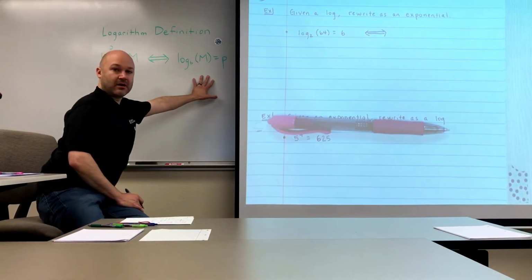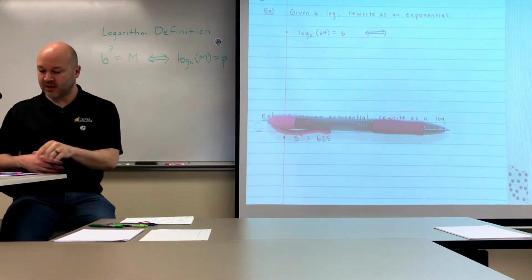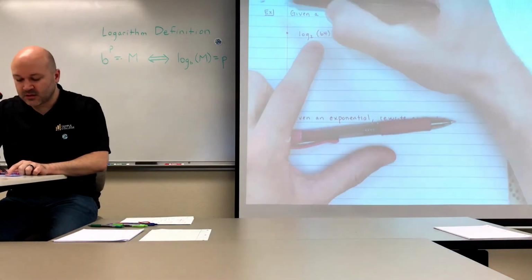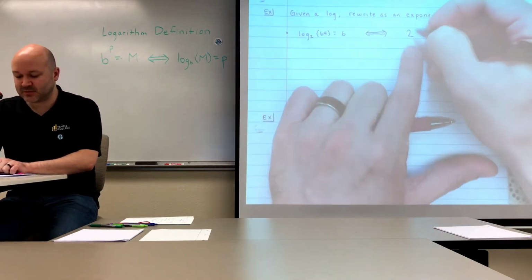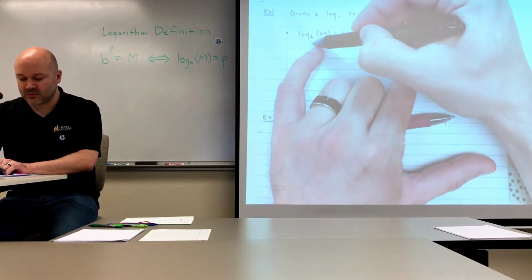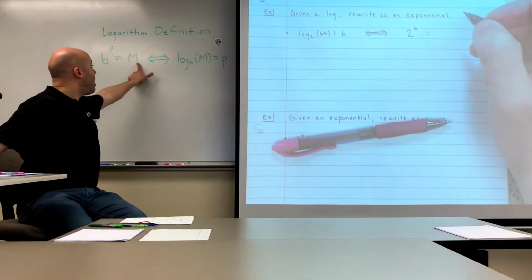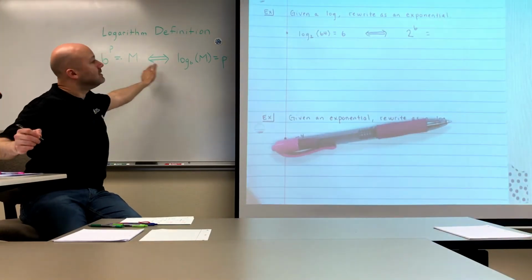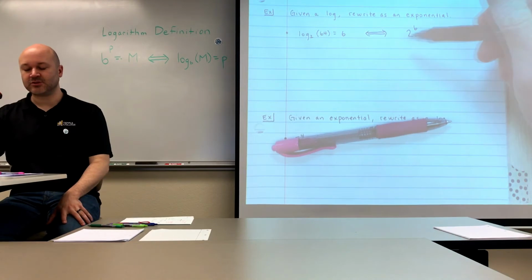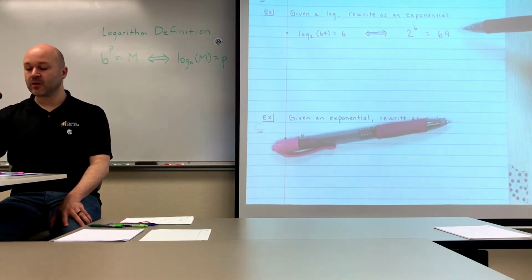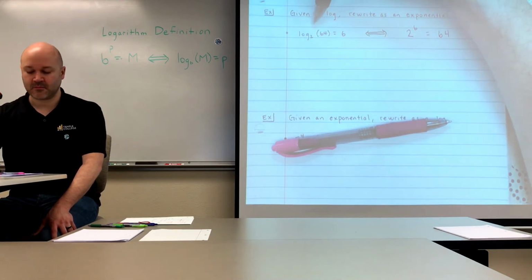I've got a log, and I'd like to rewrite it as an exponential. Well, I think I'll start off with that base. Log has a base of 2 here, so I'm going to say my base is 2 in the exponential. 2 is being raised to the 6th power, and that equals the argument, in this case, 64. And this is a true statement. 2 to the 6 is 64.